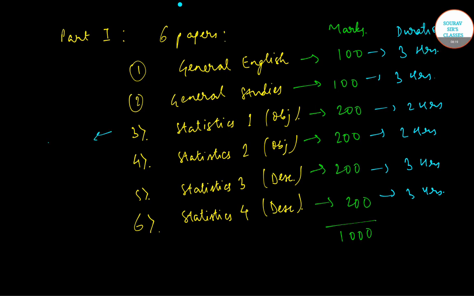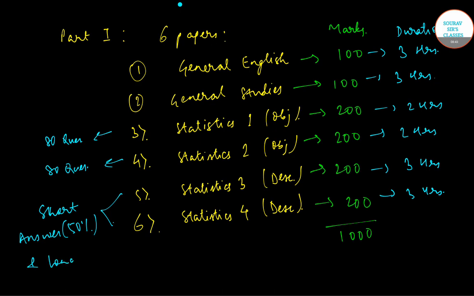Statistics 1 and 2 each have 80 questions, whereas 5 and 6 have short answer 50% and long answer 50%. At least one short answer and one long answer question from each section is compulsory.